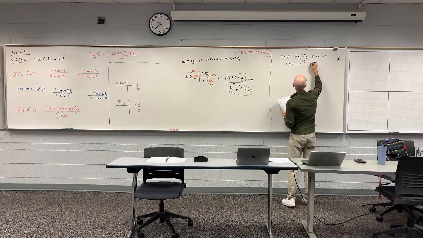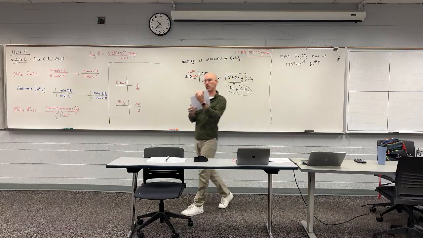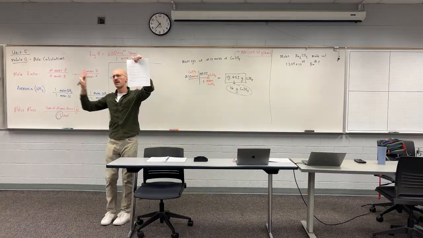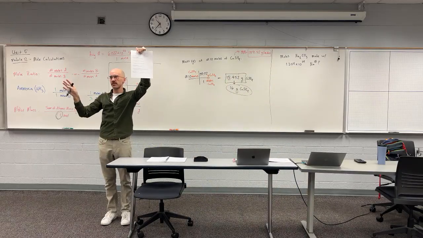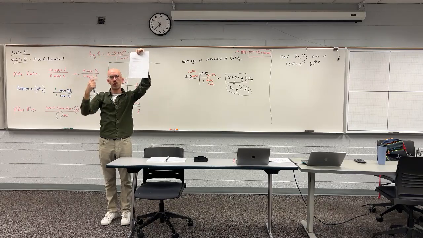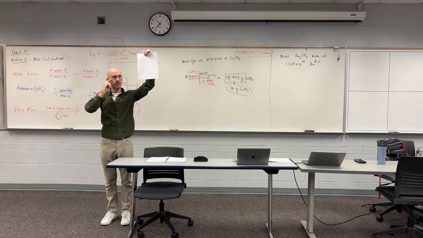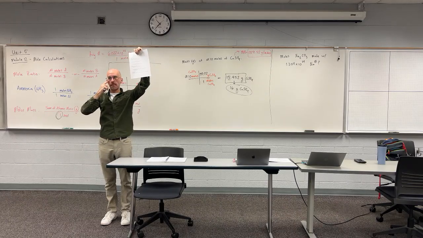Can you tell me where I am on my roadmap conversion? It doesn't matter if you choose A or B. But am I at particles, grams, or moles? What information do I have? Particles. The only place I can go from particles is to moles, and that stays within the same substance.